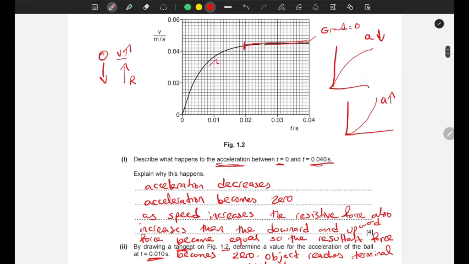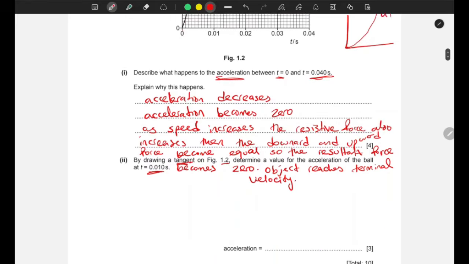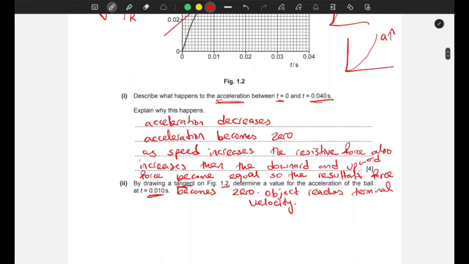We just have to draw a line at 0.01, just touching the graph. That's what the tangent is. Wait, let me draw it again. So the line looks something like this. And after that, we find the gradient of the line because gradient is equal to acceleration.